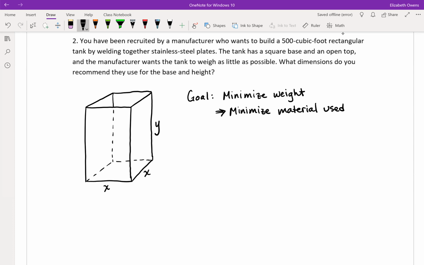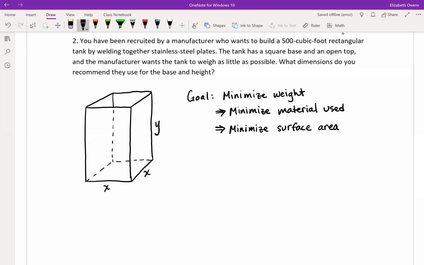And the material used here is in the construction of the sides and the base of this tank, and those make up the surface area of this tank. Consider the thickness of each plate to be negligible here, but we are trying to minimize surface area because that's what's contributing to our material usage.